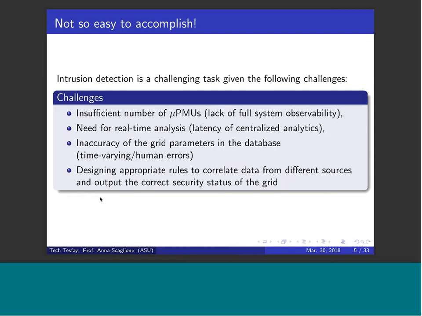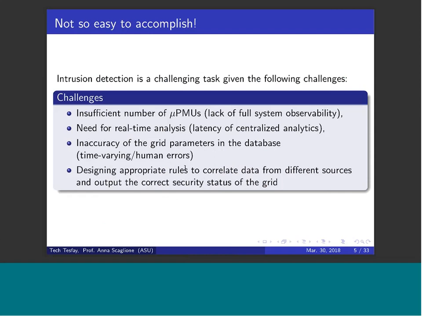But having said that about intrusion detection, it's not really an easy job to come up with an efficient intrusion detection given those challenges. And the main challenge is we don't have micro PMUs at every point in the smart grid, thus we don't have a full observability of the grid.